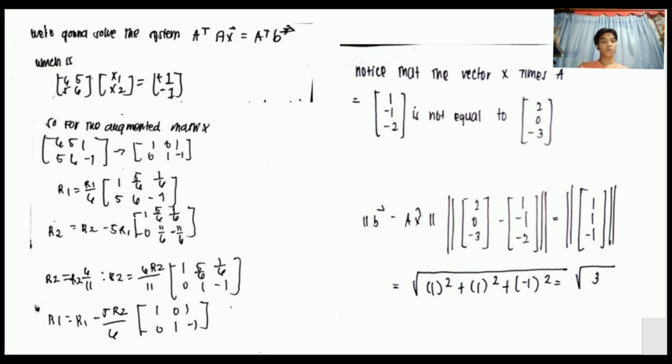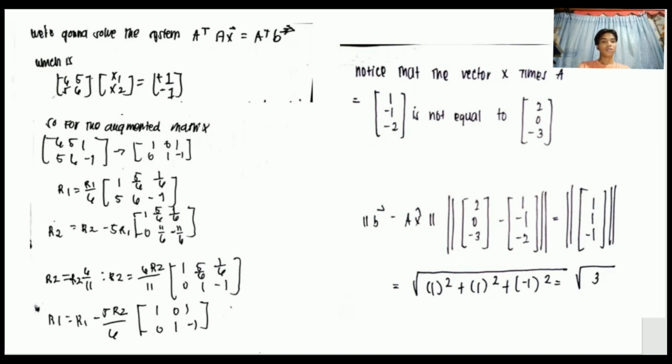So next, we can determine this by determining the magnitude of the differences of the vector b and the vector resulting to the vector ax. So we have here b minus ax. So we have here our 2, 0, negative 3.